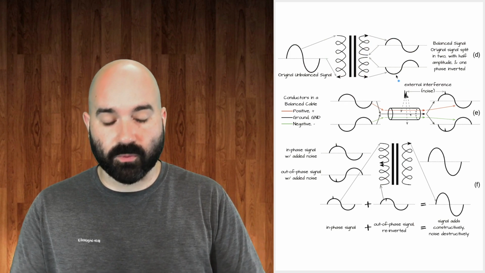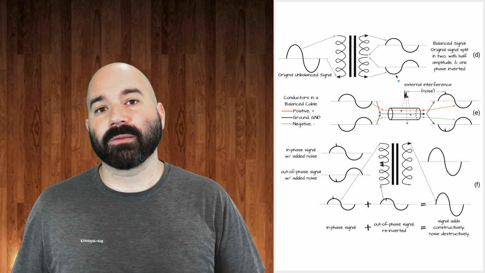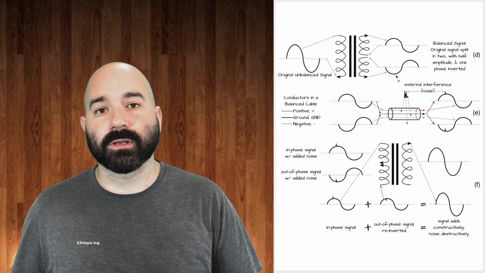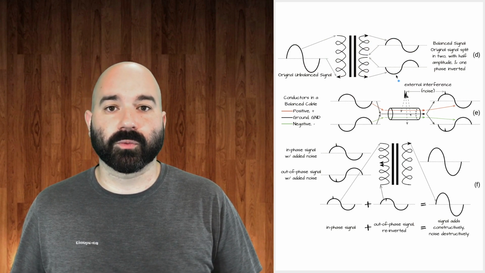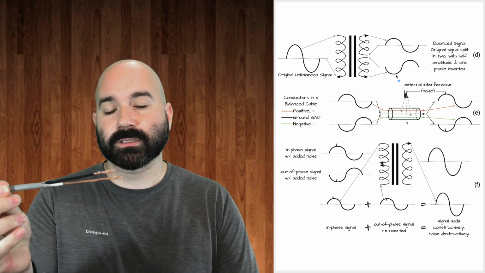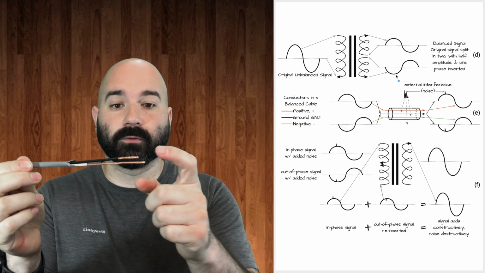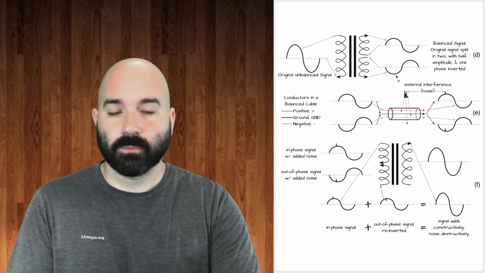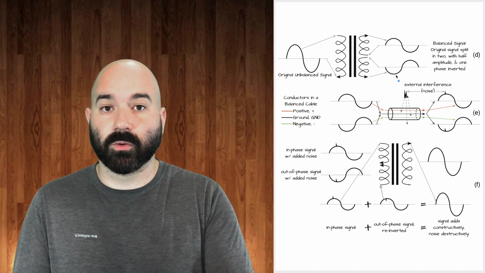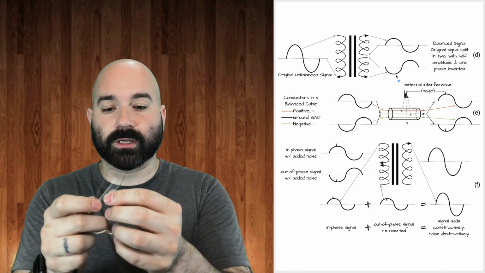So I'm going to stop here and point out that in order to first have a balanced signal method of audio being transported, you need a minimum of 3 conductors. So remember, for an electrical audio system, you need a minimum of 2 for your positive and ground. But in order to have a balanced signal going through, you have to have 3 conductors.